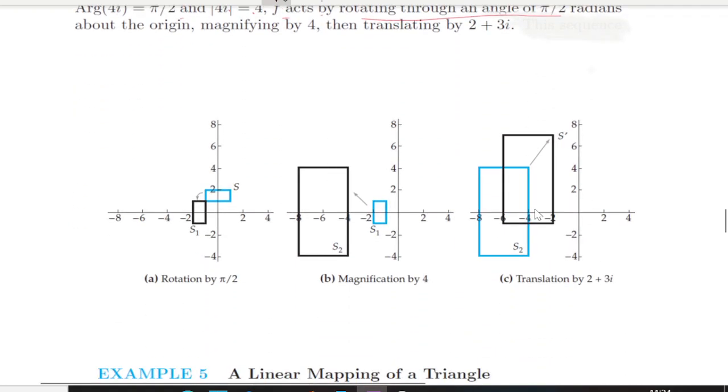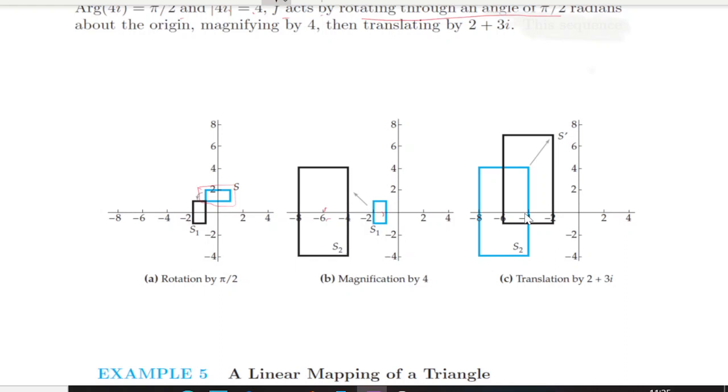So what we are going to do? This was the already existing one. Now we want to rotate it by pi by 2. That means the black colored rectangle will result. Next, what you have to do? Magnifying by 4 times. So this was the previously existing one, and we have magnified it by 4 times. Then translating this by 2 plus 3i.